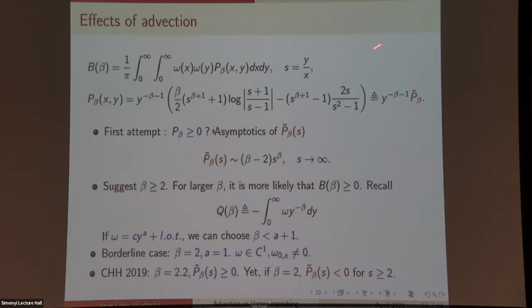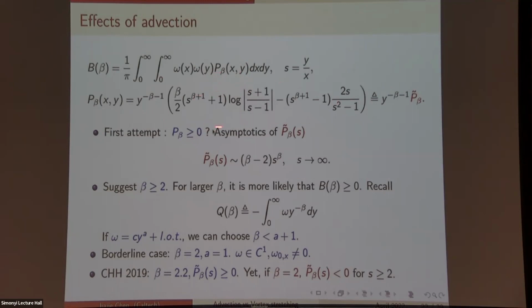So here I just copy the formula here. Recall that this solution omega is negative in half of the domain. So omega x times omega y is positive. To show that this quantity is positive, one natural thing one can do is to show that this kernel is positive. If the kernel is positive, then this interaction is positive.